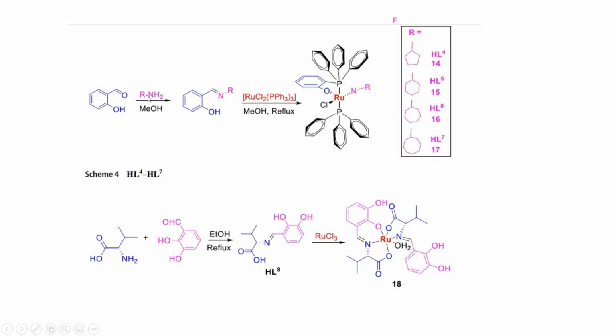So they use RNH2 and aldehyde to form the Schiff base, and with the ruthenium catalyst like triphenylphosphine ruthenium chloride, it gives this kind of new complex. And there are lots of changes of the R group also there. And here also you can see the aldehyde and the amine forming the Schiff base and ruthenium complex.